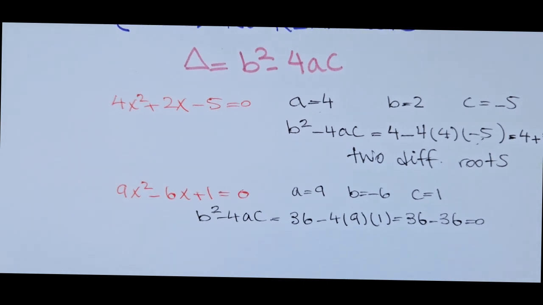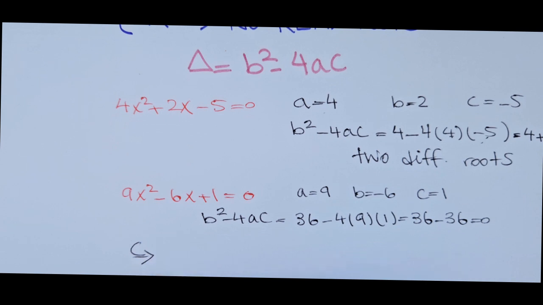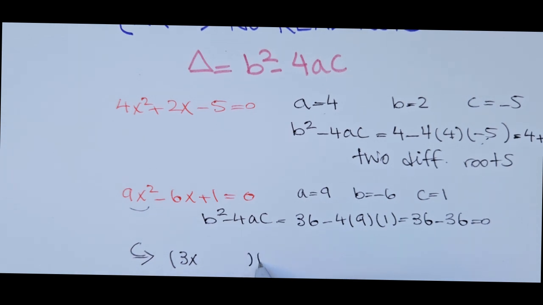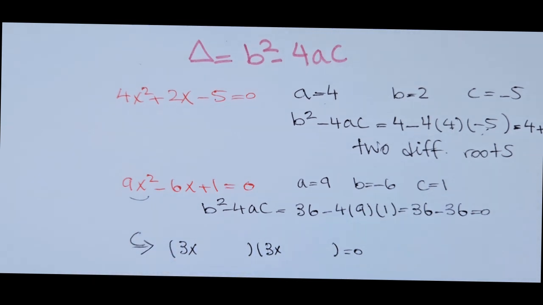Okay, I prefer to solve this and find the roots and show you. So here I start by factorizing. The first term is a perfect square. I just take the square root, which is 3x, 3x.